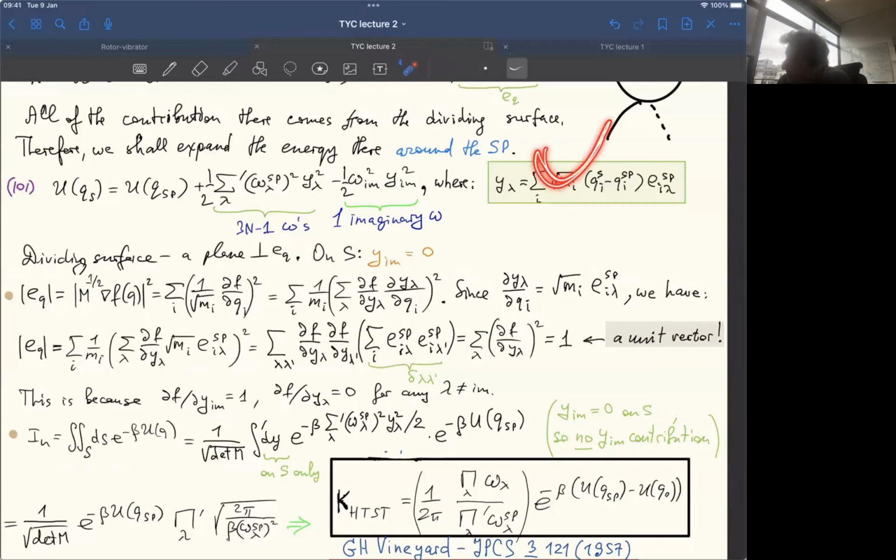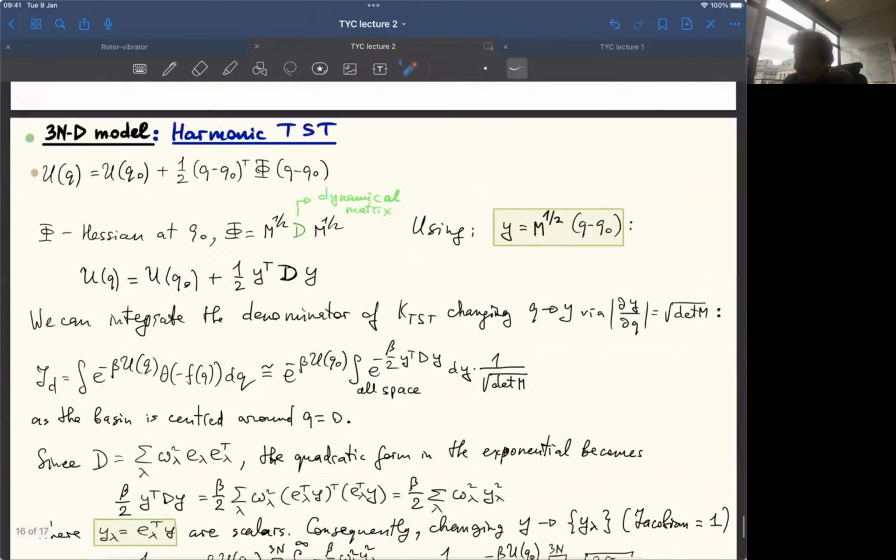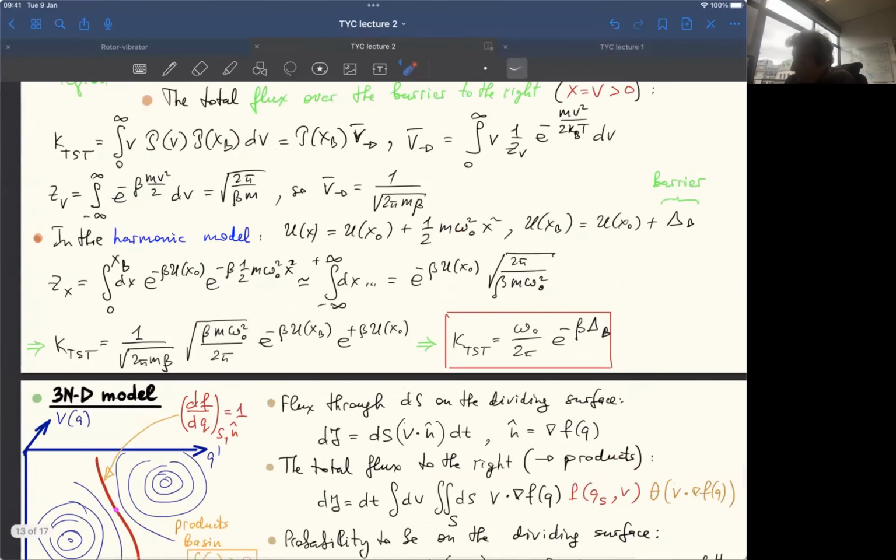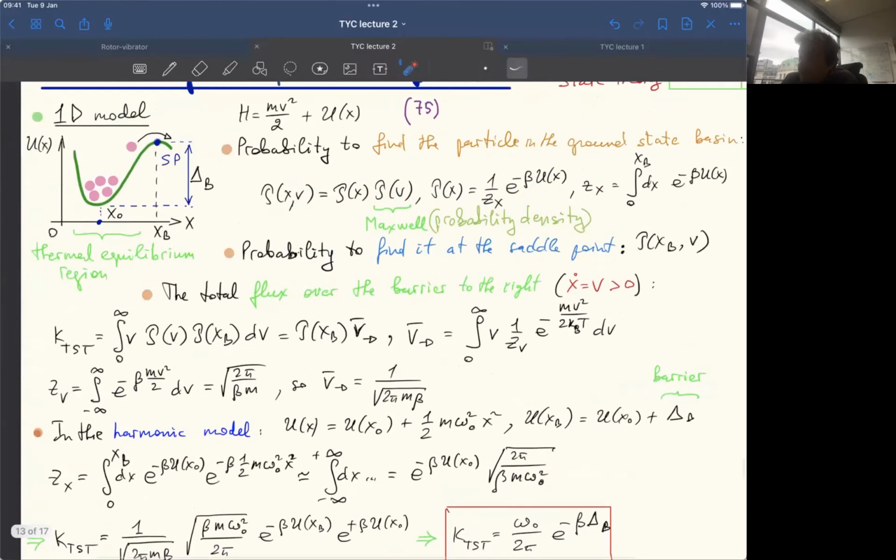It's a frequency along the transition from the basin. So we have here omega divided by 2 pi times the exponential, and this is exactly the one-dimensional result, where omega naught divided by 2 pi is also present, and omega naught is precisely the vibrational frequency in the basin which takes you towards the transition.